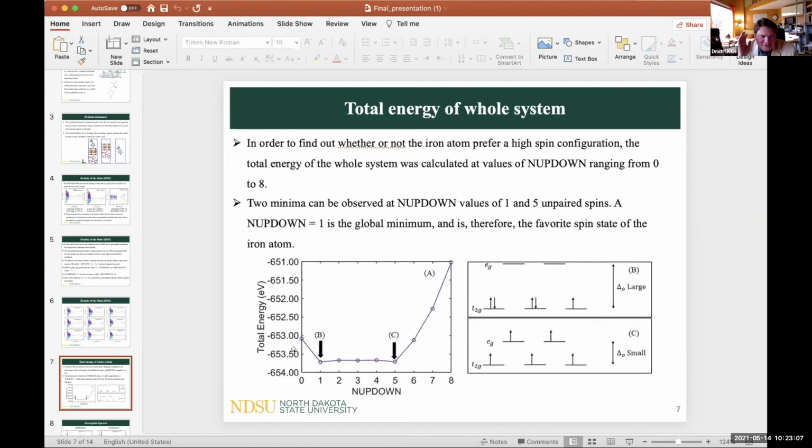I have one question or comment. Based on the figure that you are displaying, panel B and C, which one will provide the lower minimal transition energy? Configuration B or configuration C? I think B. Why?